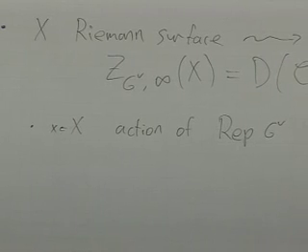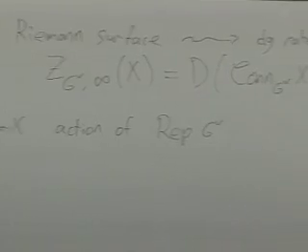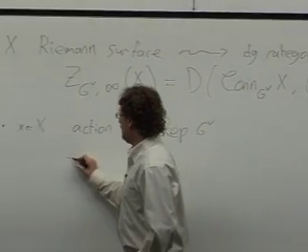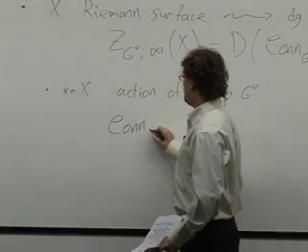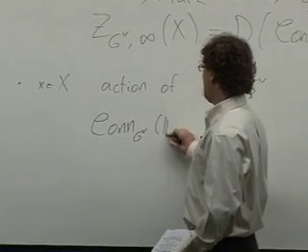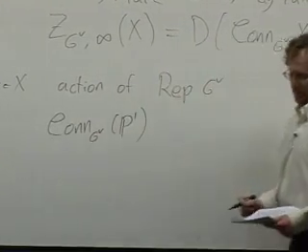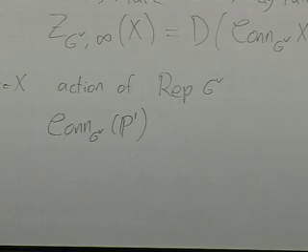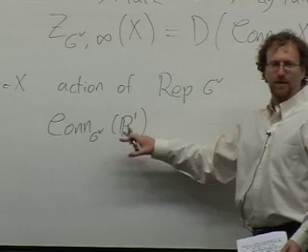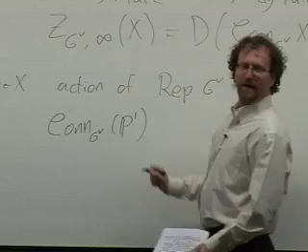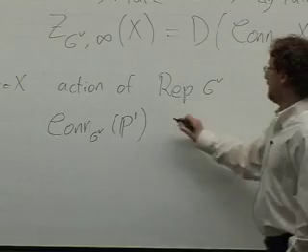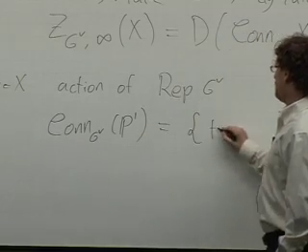So how do I want to think of this action? Let me observe the following thing. Let's look at the space of G dual bundles with connection on P1. Well, connections on P1 are flat. These are flat connections on P1. They're not terribly interesting. P1 is simply connected. So we only have a single G dual bundle with flat connection, namely the trivial bundle.